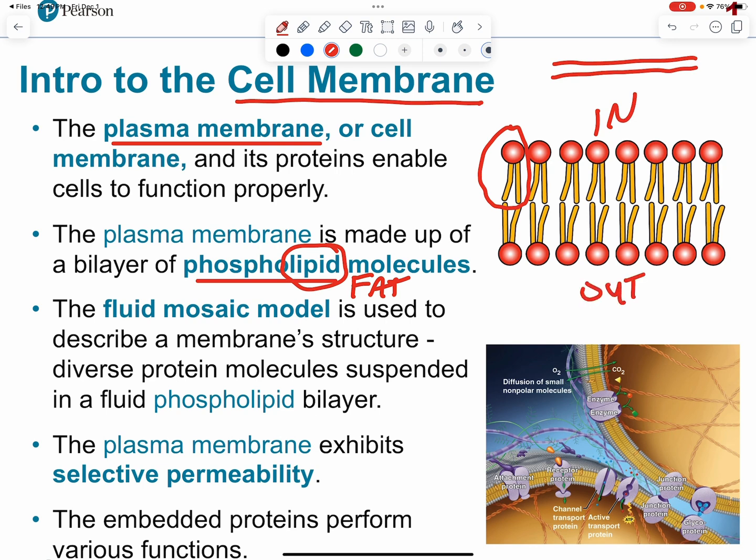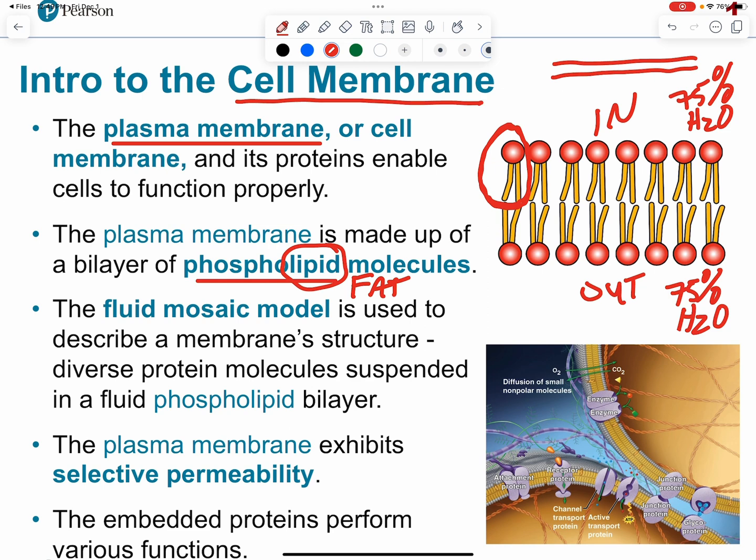Now inside the cell, it's 75% water. Outside the cell, it's usually 75% water. Water on the inside, water on the outside. So I circled a component of the fat. Notice that the tails are facing inward, and the head is facing outward.